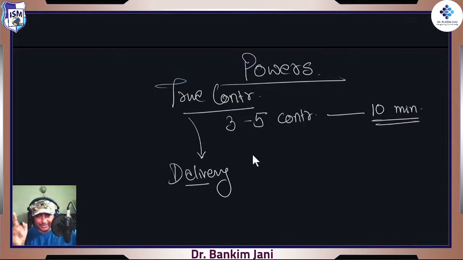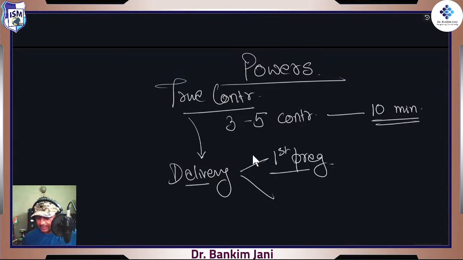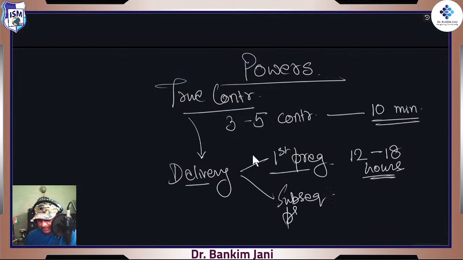Now, if this is a first pregnancy, then this thing would last. That's why you must have heard that yes, the whole night has passed, 12 to 18 hours before the delivery. But for subsequent pregnancies, this process becomes much faster.